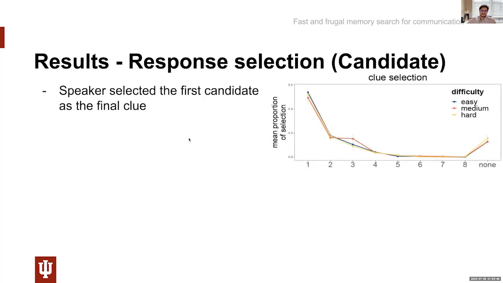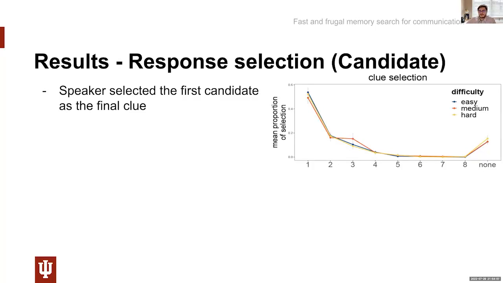When looking at the clue candidates, which is what's on the x-axis here, we see that typically for generating clues, the first clue candidate that came to the speaker was the first thing that they selected across all difficulties.